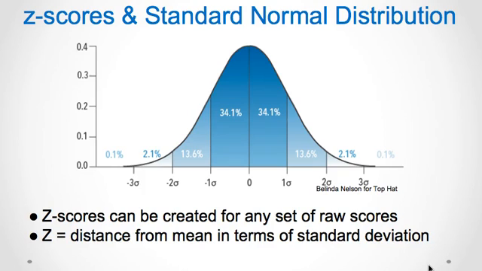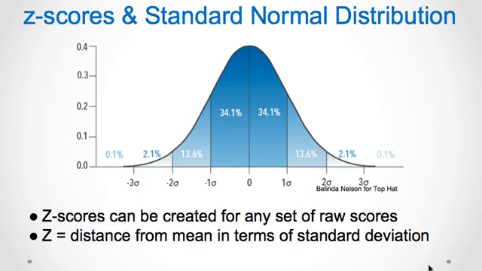Z-scores tell us the exact location of a raw score from the mean in terms of standard deviations. For example, if I have a z-score of negative 1.46, I interpret this as this raw score is exactly 1.46 standard deviations below the mean.